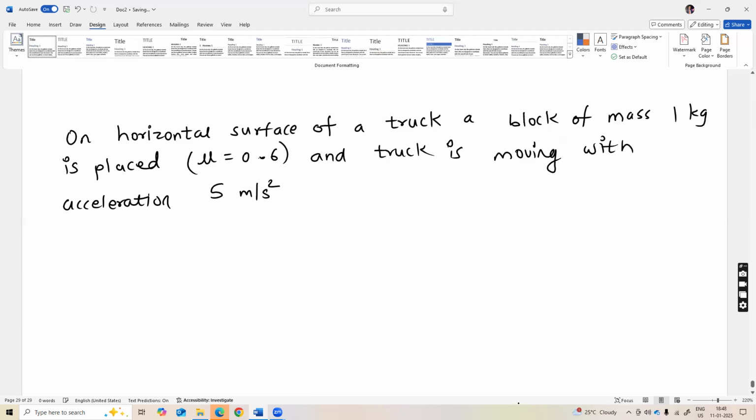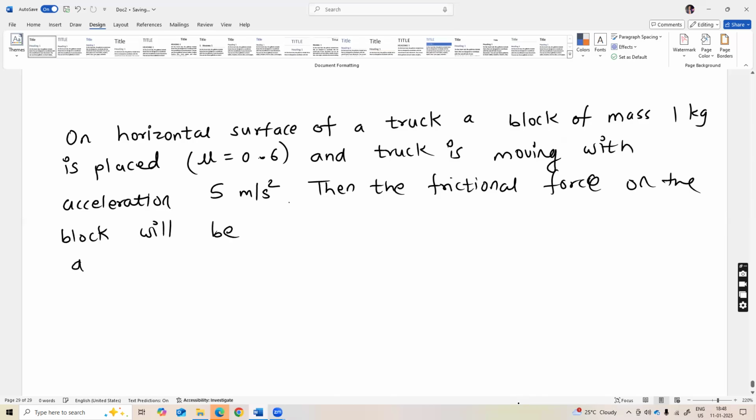Then the frictional force on the block will be? Options are A is 5 Newton, B is 6 Newton, C is 7 Newton, and D is 8 Newton.